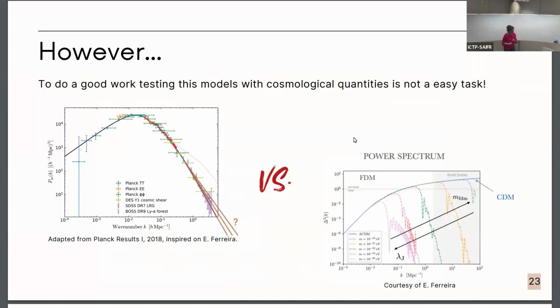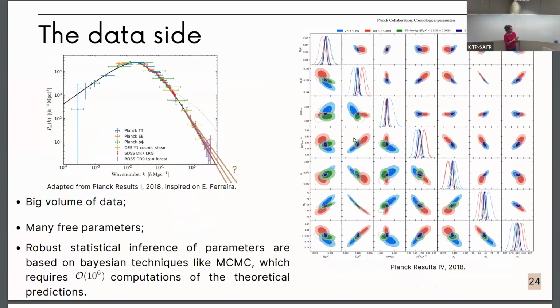However, for these models, it's not an easy task to compare the cosmological observations and our theory predictions, because on the data side, the data is already complicated because we have a big volume of data. In the cosmological models, we have many free parameters.